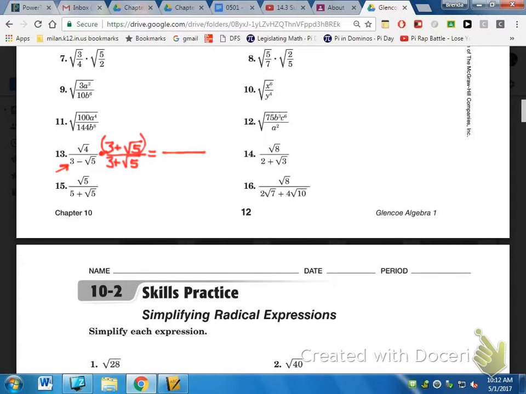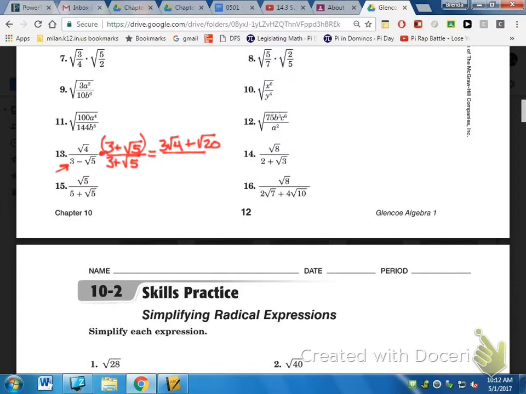So it's going to be 3 radical 4 plus radical 20. Kind of crazy having radical 4 anyway, isn't it? What is radical 4? 2. And we'll take care of that in a minute.